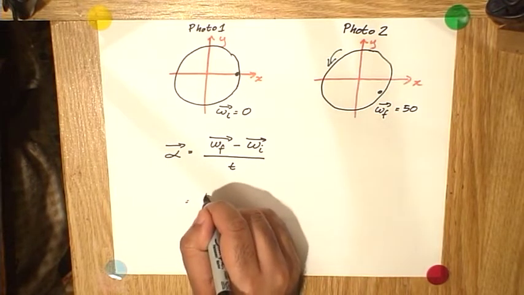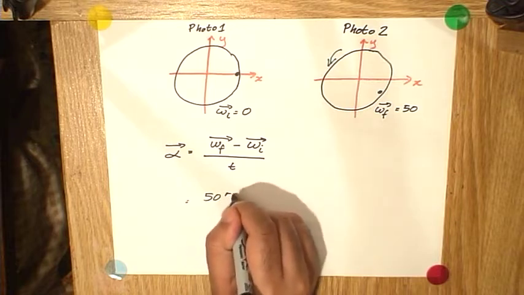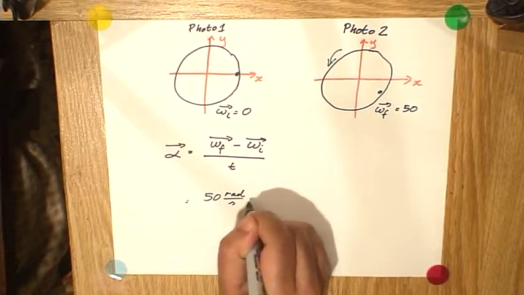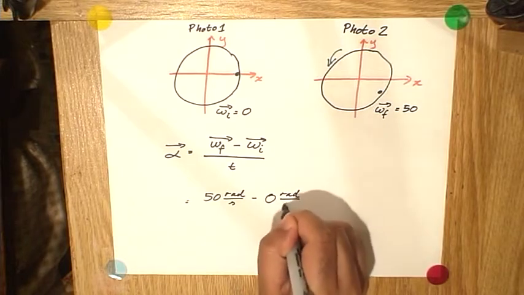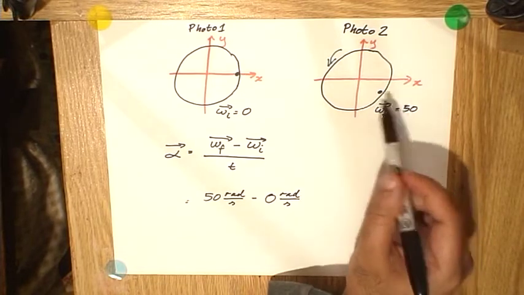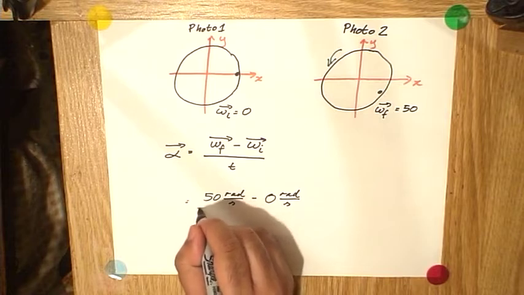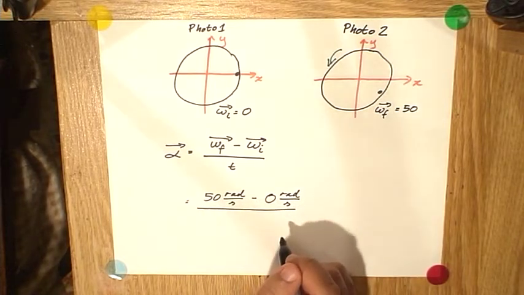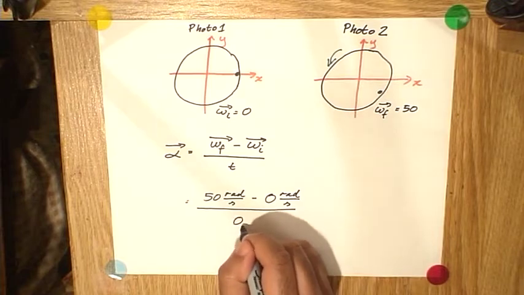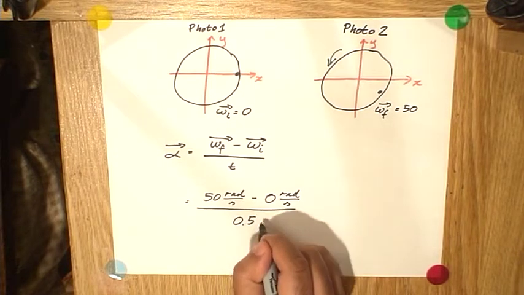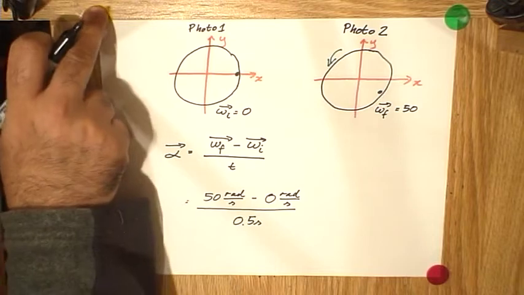That works out to 50 radians per second minus 0 radians per second. So over here it was moving at 0, over here it's moving at 50, all divided by the time that elapsed between the two photos, and we were told that the time between the two photos is 0.5 seconds.